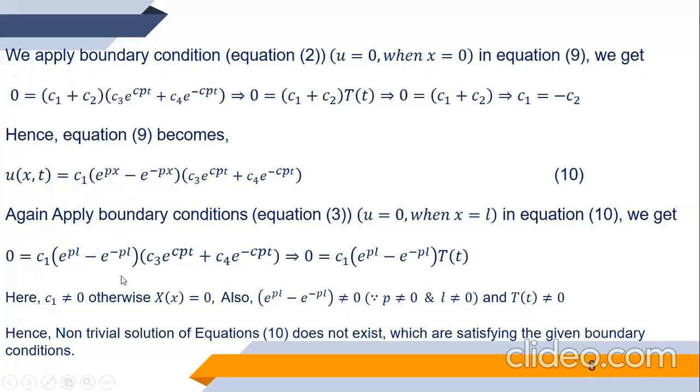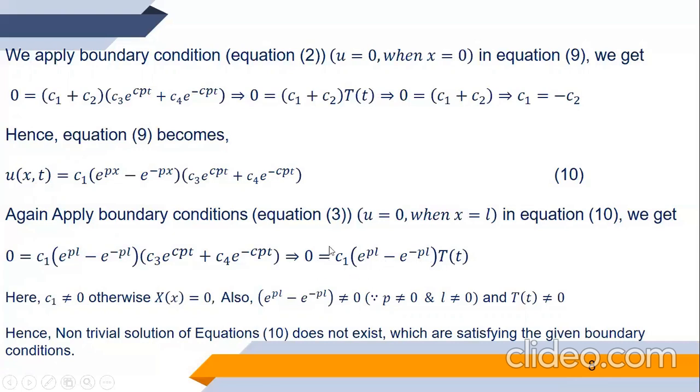That implies 0 is equal to c1 times e raised to pL minus e raised to minus pL, times T of t. Now T of t is not equal to 0. In this equation, T of t is not equal to 0, and pL is also not equal to 0. Then this term is also not equal to 0.